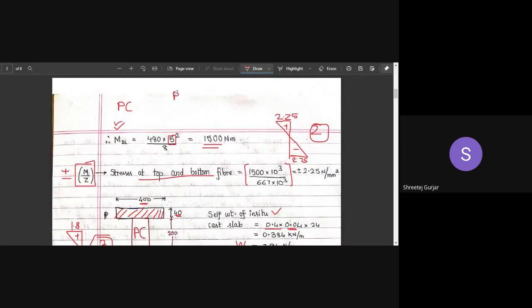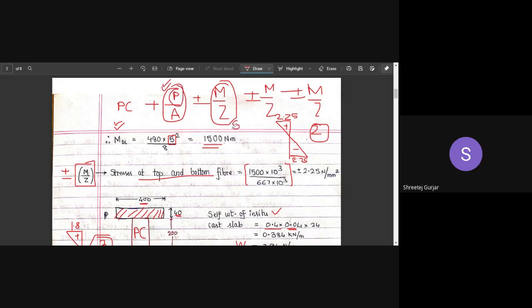The thing that you have to do is plus P by A, this is always plus, then plus or minus M by Z. Same thing everywhere, it is plus or minus M by Z. This particular value is your stress due to pre-stressing.